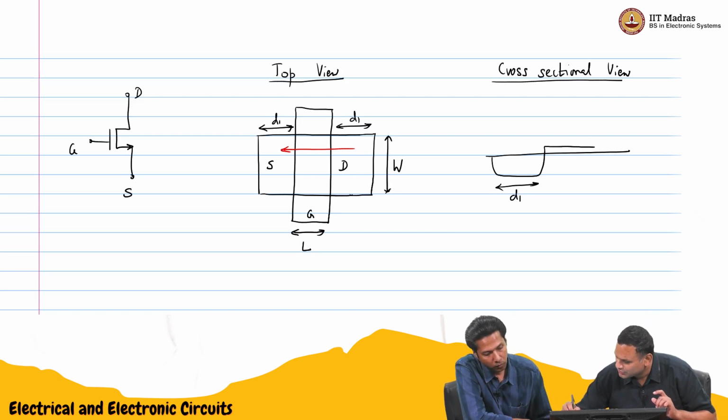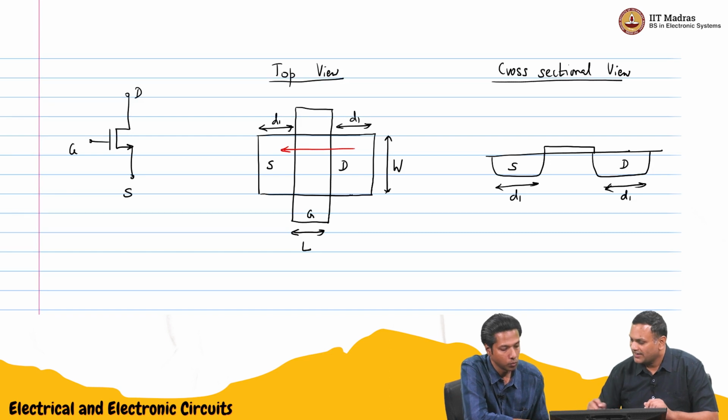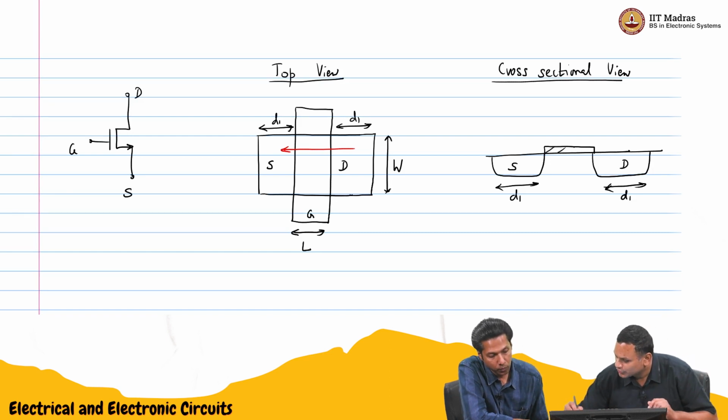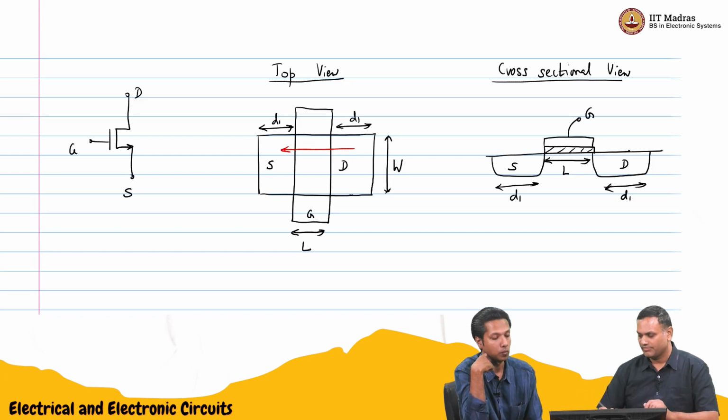Now the cross section will show the oxide. So this is my source, this is my drain, we also said this is D1, and this is the length of the channel. I'm going to show the oxide like this, and this is L. On top of that I have the metal, polysilicon, whatever it is, and this is my gate.